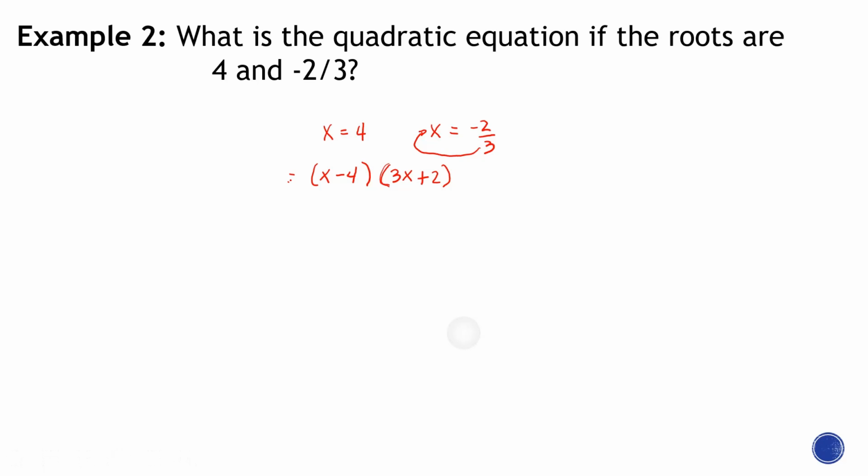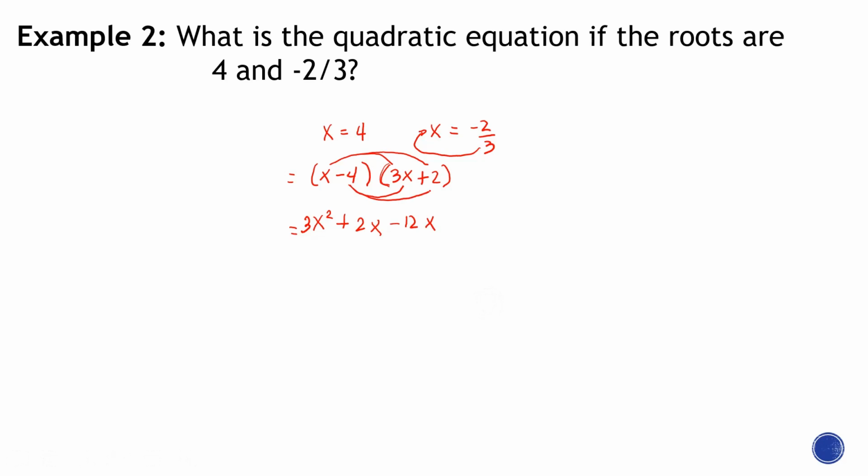Okay, and then let's multiply this again using the FOIL method. So x times 3x is equal to 3x squared, right? And then x times +2 is equal to +2x. And then -4 times 3x is -12x.